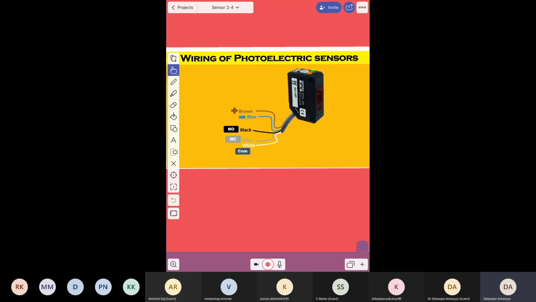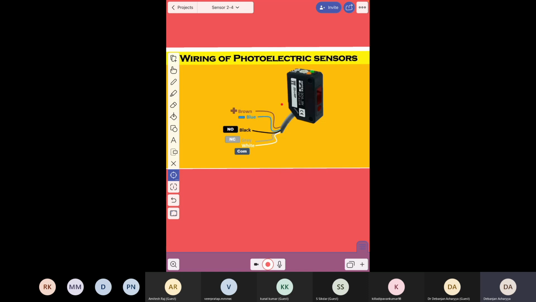Now coming to the relay type, as I told you, there is a relay. Once again you have brown and blue, that is the positive supply and the negative or common supply, and you have the NO and NC. These are for the relay connection, normally open and normally closed.